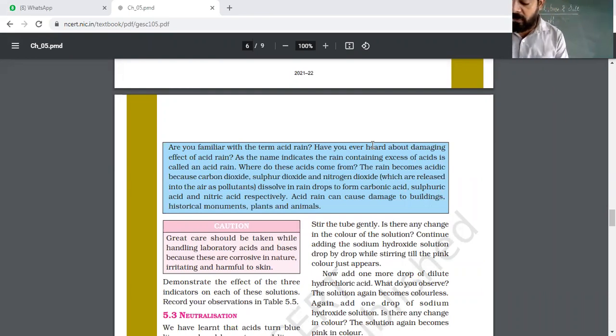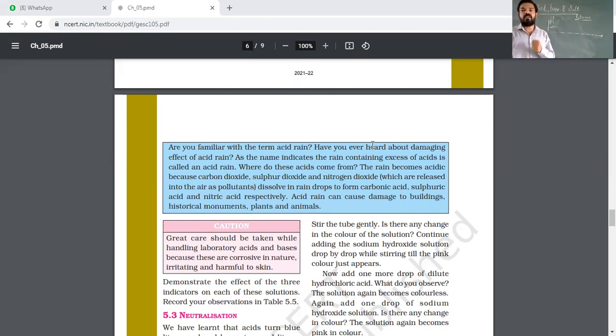Now, how will you identify whether a substance is an acid or a base? There are two ways. One is the litmus paper. We can find with the help of litmus paper that this is an acid or this is a base.